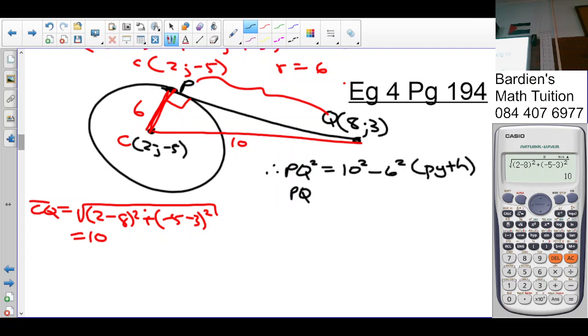PQ works out to be 18. You all okay with that? Alright. Any confusion here? No? Let's move on to the next example.